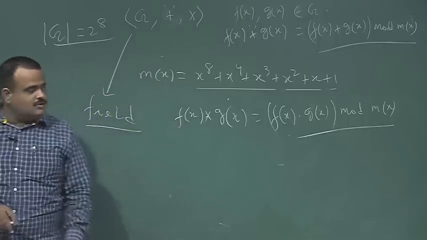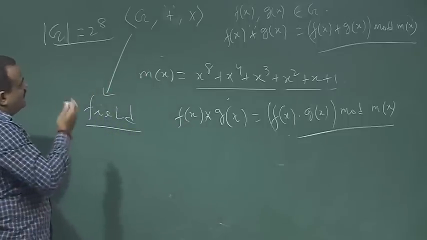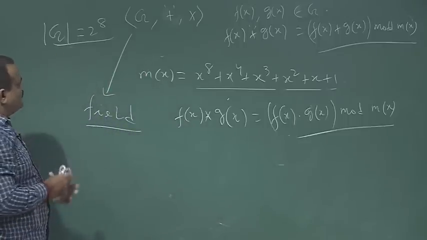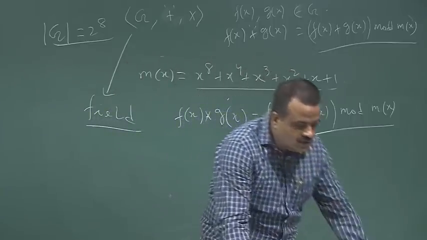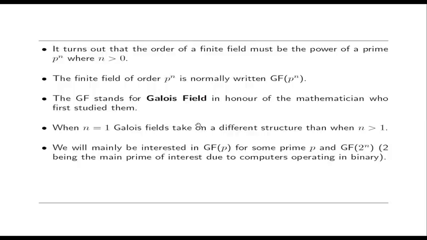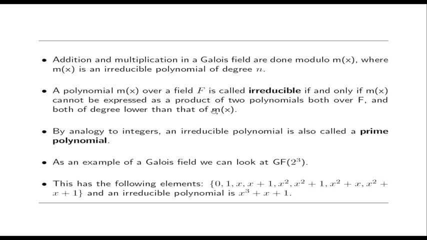This field is called a finite field because the number of elements is finite. It is also called a Galois field. This comes from the irreducible polynomial. We have to choose an irreducible polynomial, which is also called a prime polynomial because it has no factor other than 1 and m(x); it cannot be reduced further.